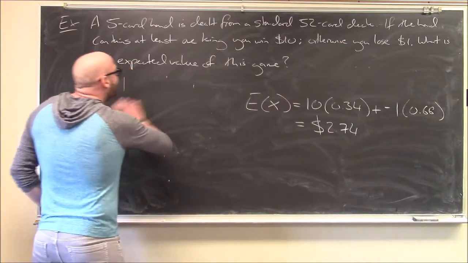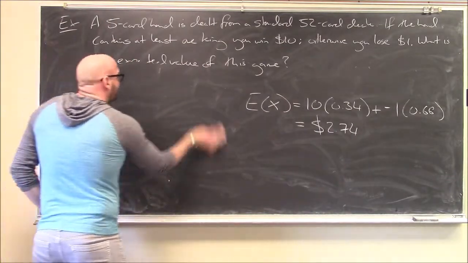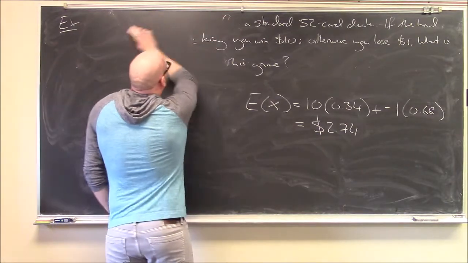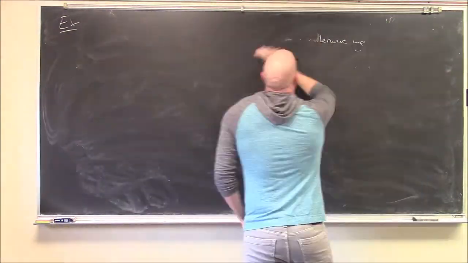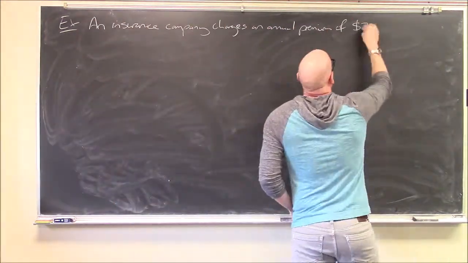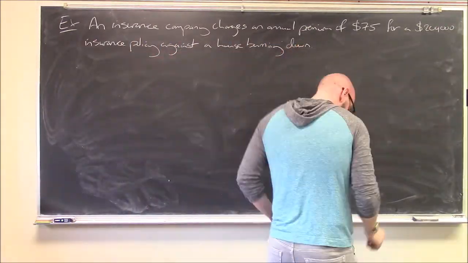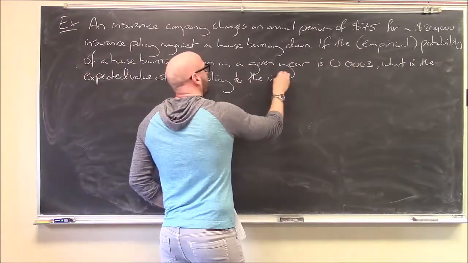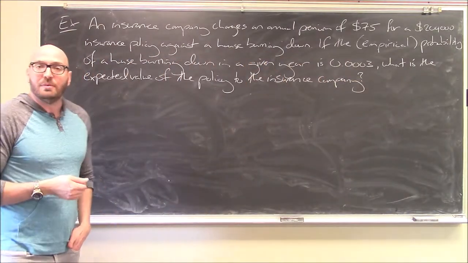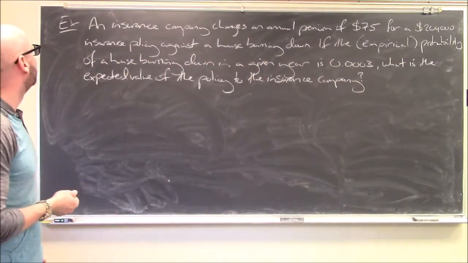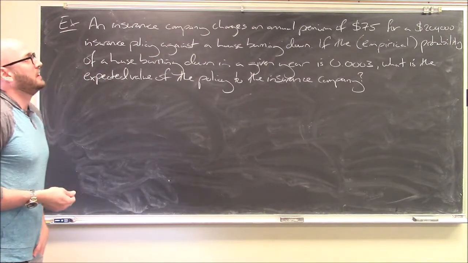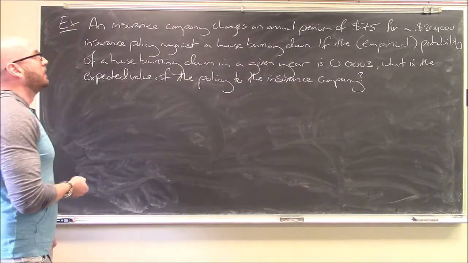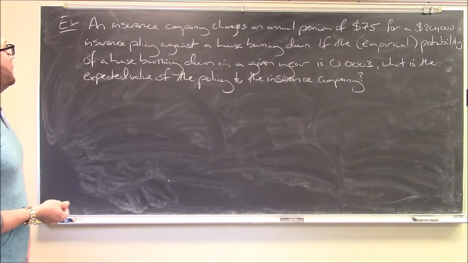But I digress. We'll do one more example, and we'll get away from games. We'll do an insurance example. All right, last example we'll do. It's an insurance question. An insurance company charges an annual premium of $75 for $200,000 in coverage.